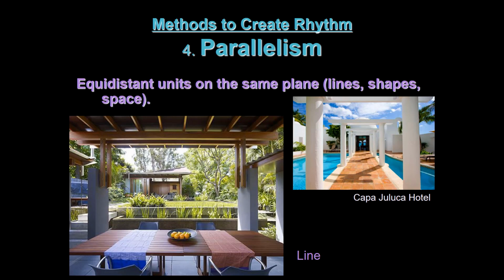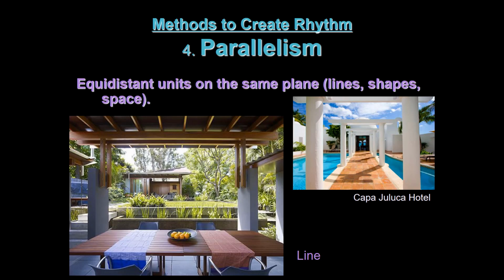Think of parallel lines like we might have learned in mathematics class at one point in our lives. And again, think in the same plane. Maybe it's a vertical plane or a horizontal plane, but we have this really nice rigid, equally spaced element of design that is repeated to create this sense of rhythm and movement.